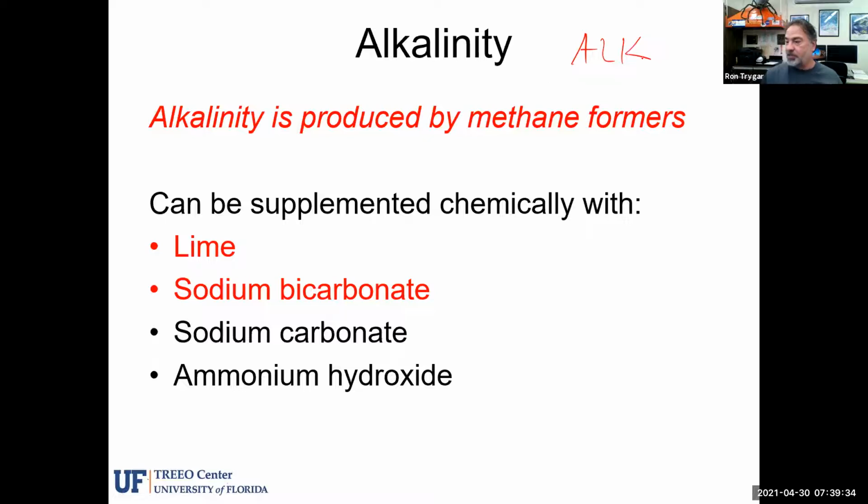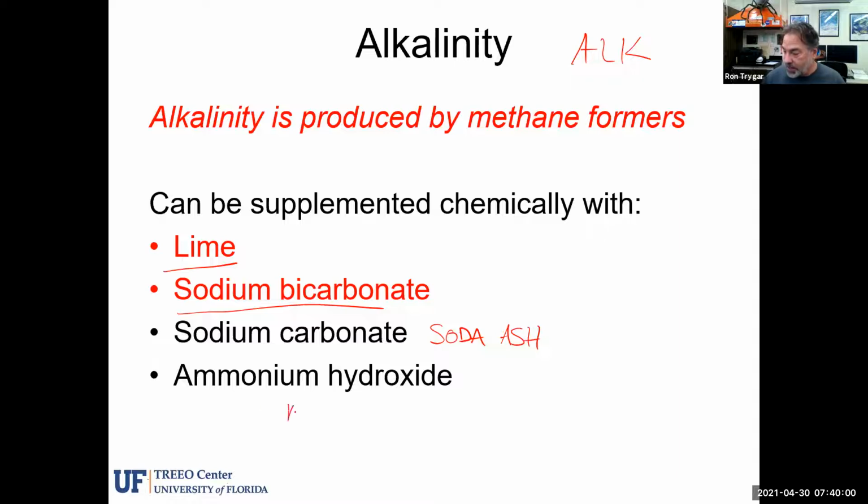So alkalinity is abbreviated like this. Alkalinity sometimes is just abbreviated ALK. It is actually produced by the methane formers. This can be supplemented chemically by using lime, sodium bicarbonate, which is what I had here in the box of baking soda. We have sodium carbonate, which is essentially soda ash. I'm going to write that on here, soda ash. And ammonium hydroxide can be used.